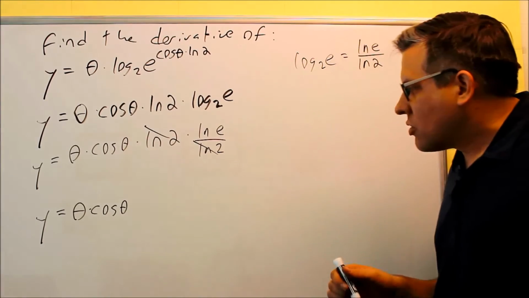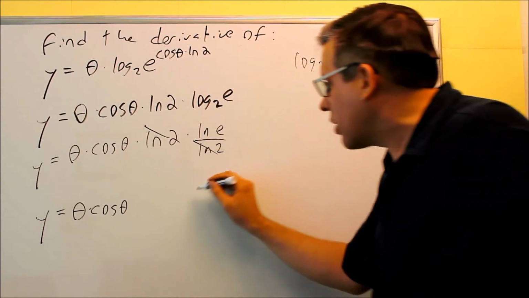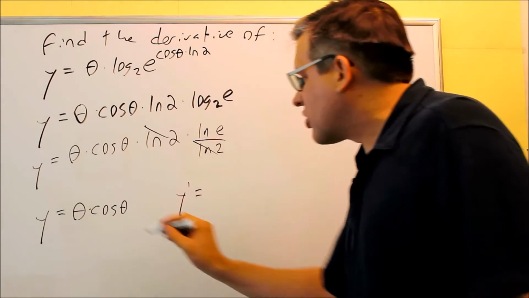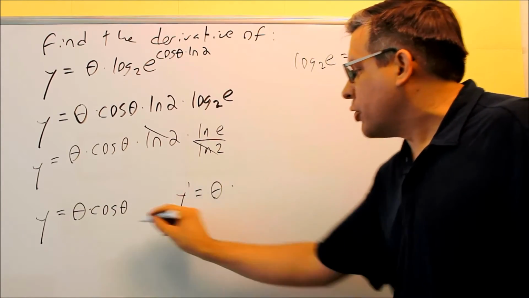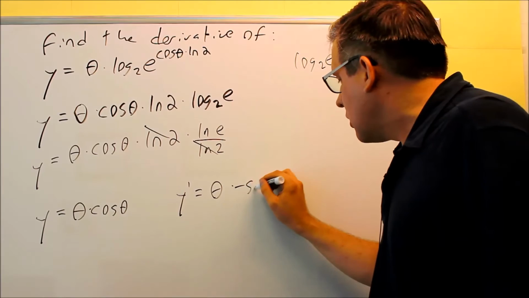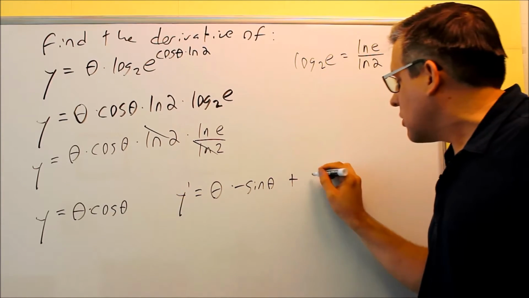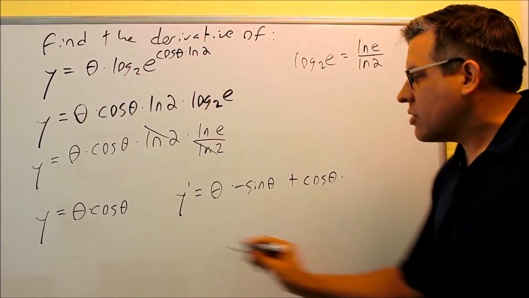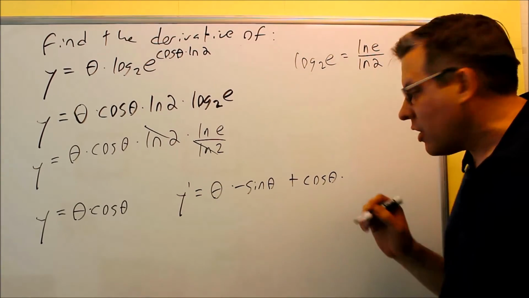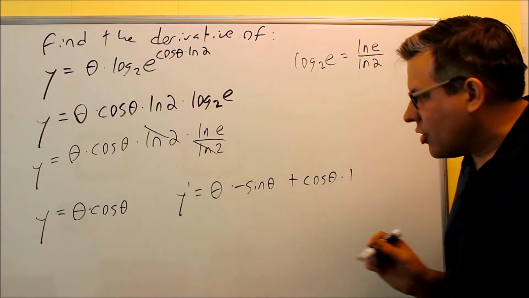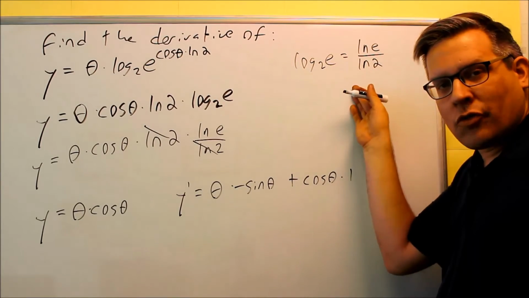We just have this. So to do this derivative, which is going to be a normal product rule, first thing is theta times derivative of cosine is negative sine, plus the second thing is cosine, and then times the derivative of the first, derivative of theta is 1. So no logs to deal with because I got rid of all of them.